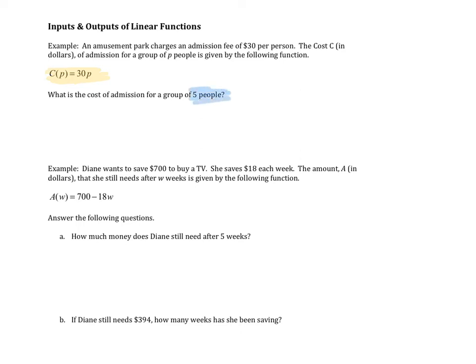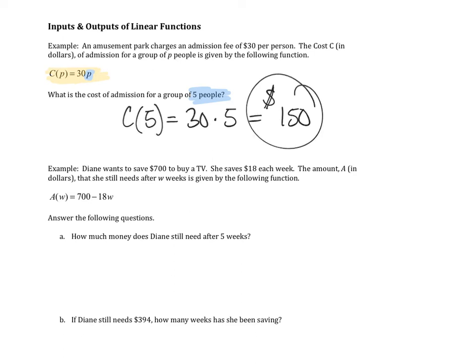Well, the 5 is going to be input in for the p in your equation because it represents people. So if you do that out, you're going to find that C of 5 people, the cost for 5 people is 30 times 5, which is equal to $150. And that's your answer. So you just input the number that they give you.